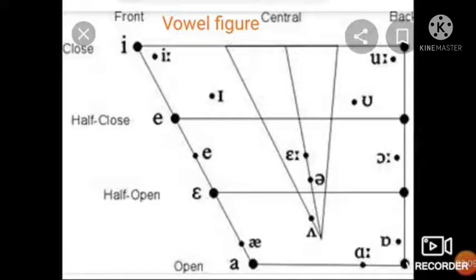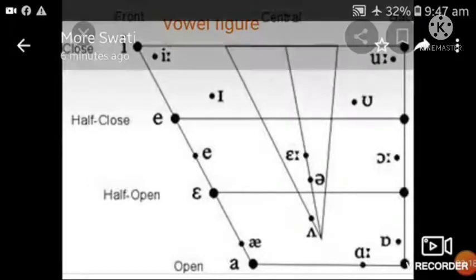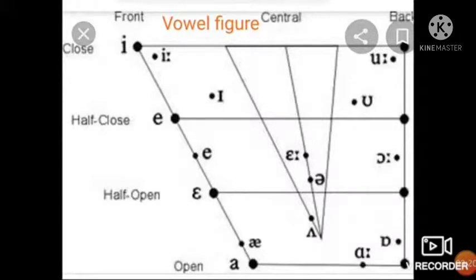The pharyngeal cavity, the nasal cavity, and the mouth are the resonating chambers, and mainly responsible for such modifications are the soft palate, the lips, and the tongue.